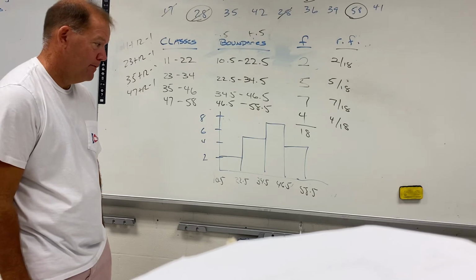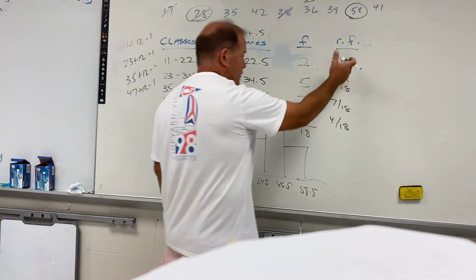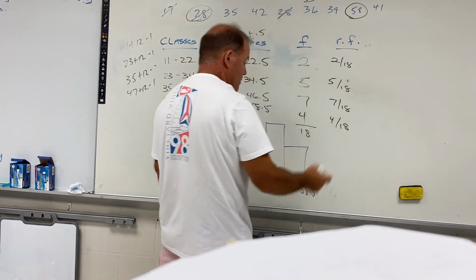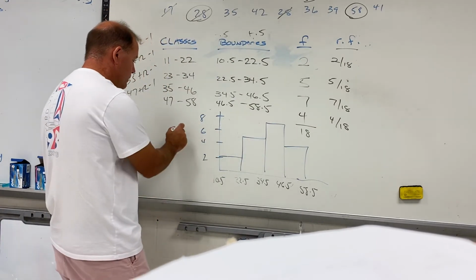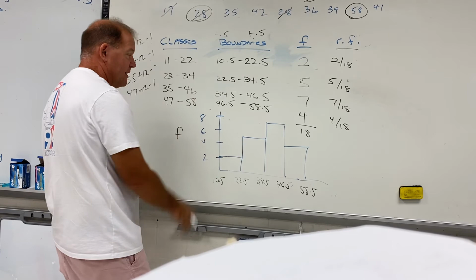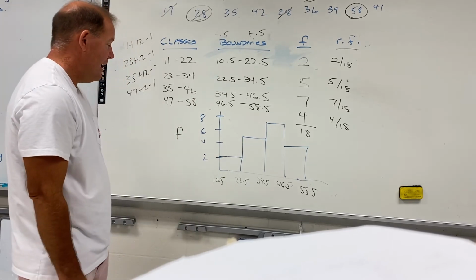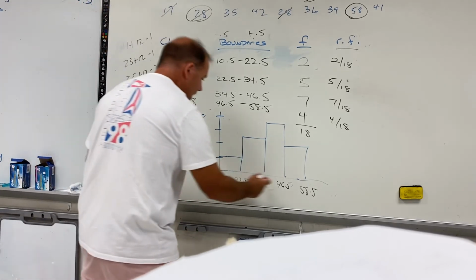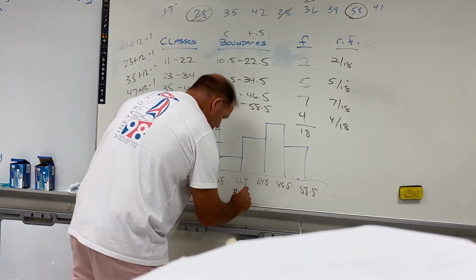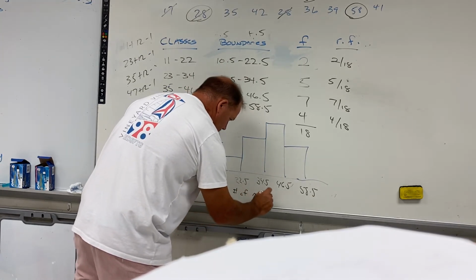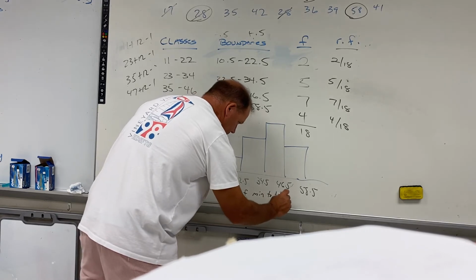I could leave this in decimal form, fraction form, or percent form. When you draw your histogram, your frequency, how many times it happens, is on the y-axis. The x-axis represents the number of minutes to take a test.